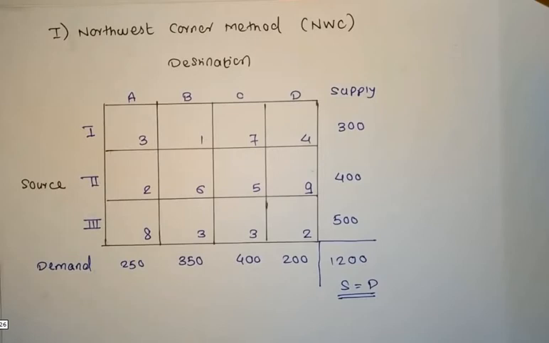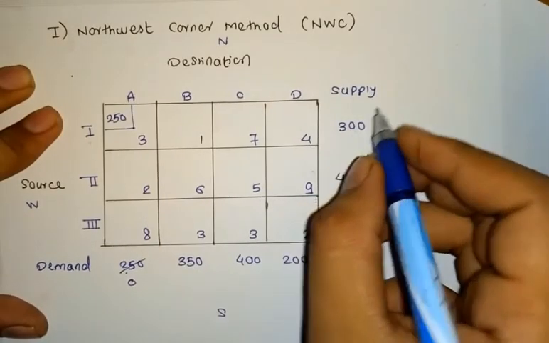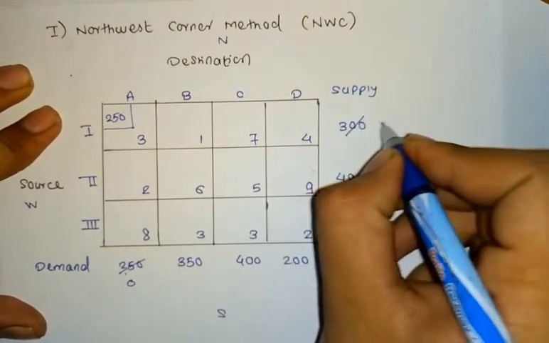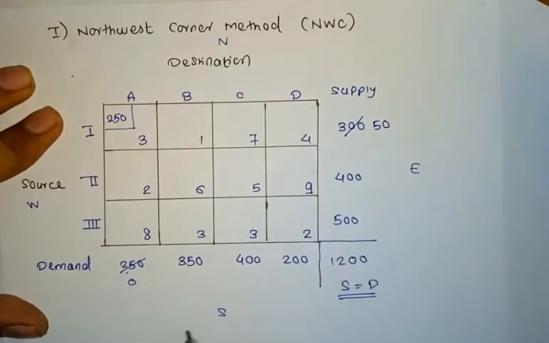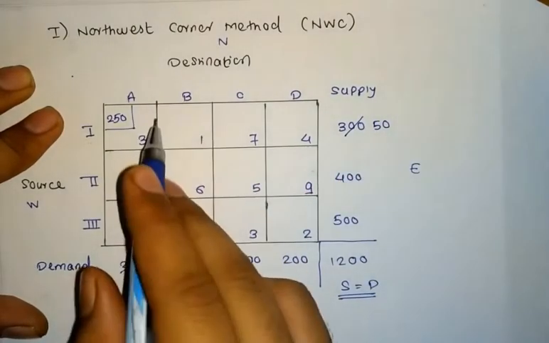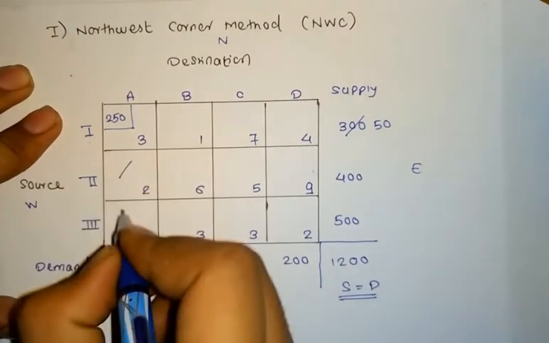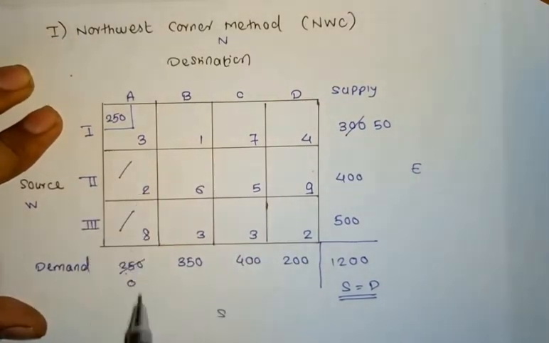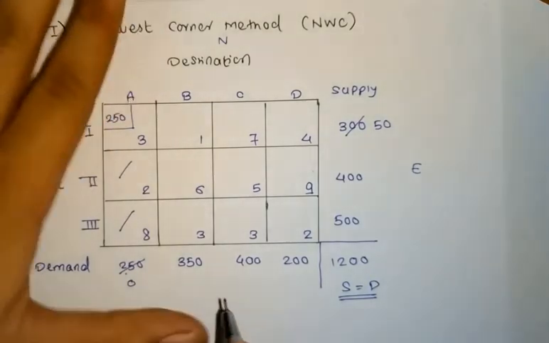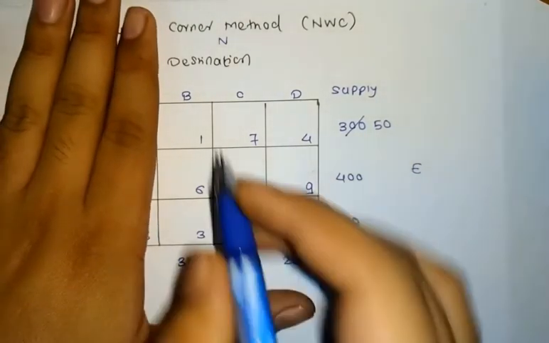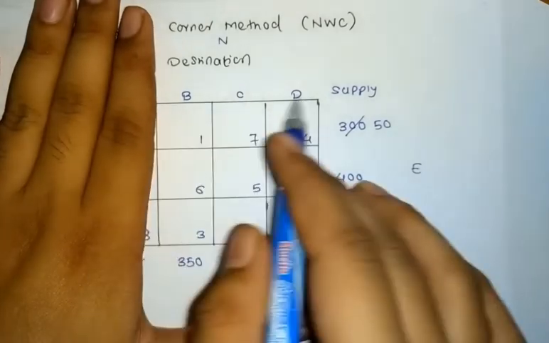The demand is 250 and the supply is 300. We assign 250. The supply has a remaining value of 50, and the demand is fully satisfied, so that column is exited.